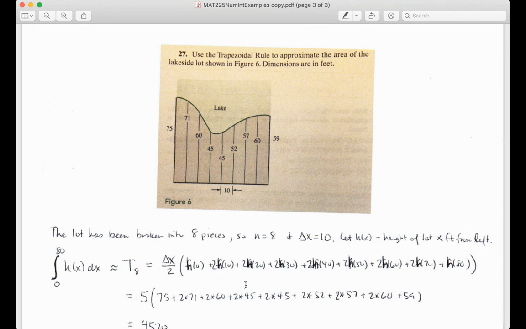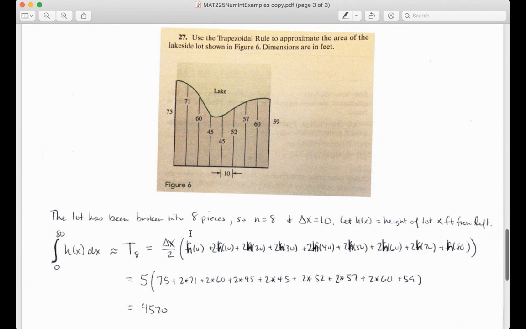And so, as in the previous example, n is going to be 8, and since we're taking measurements every 10 feet, delta x is 10. So I'm letting h of x be the height of the lot from its back to the lake, and we're moving from left to right as per usual. And so according to the trapezoid rule, I want to recognize that these are the values of my function. I don't need a formula for this curve up here if I know the heights.